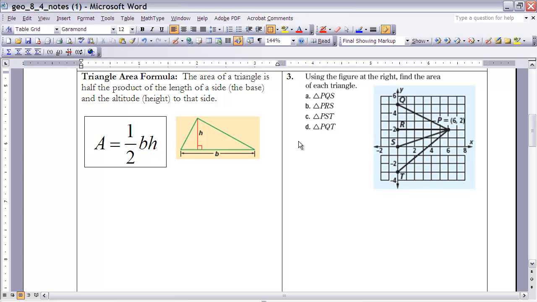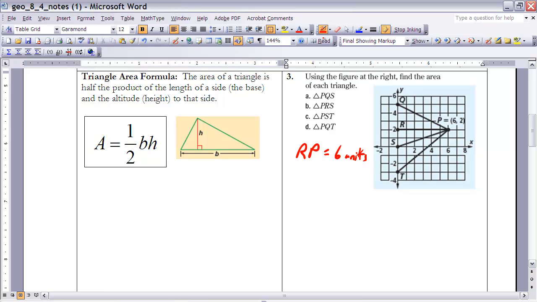And I know that RP, that length, is equal to the distance, going horizontally, but that's okay, from 0 to 6. Therefore, the length of RP is 6 units. Okay. Now, that represents the height in every one of those triangles. And then to find the area, all I need to know is the base for those.